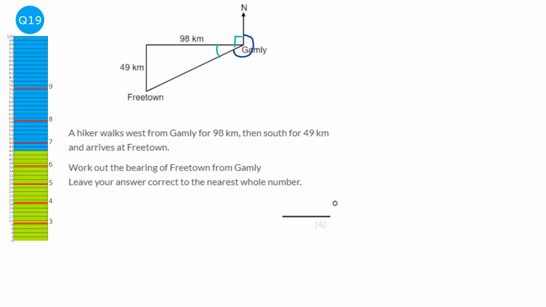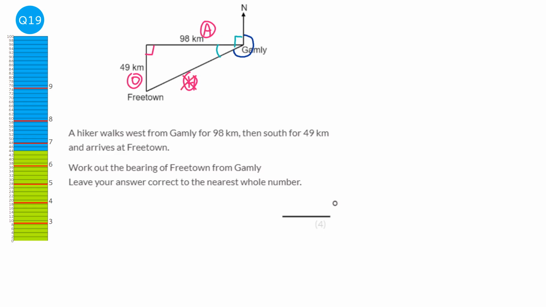So we can work out what the bearing is if we know that angle inside the triangle. So we're going to start by labelling the sides. Well, we've got 90 degrees here, we've got hypotenuse here, we've got the adjacent here next to the angle, and we've got the opposite, which is across from the marked angle.